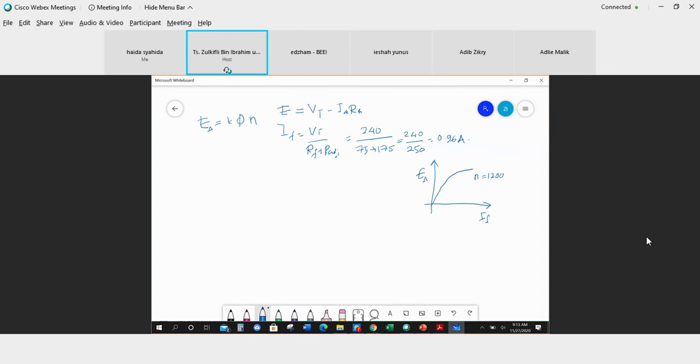Kejap saya tengok balik. Information cukup dari segi for the machine this one.